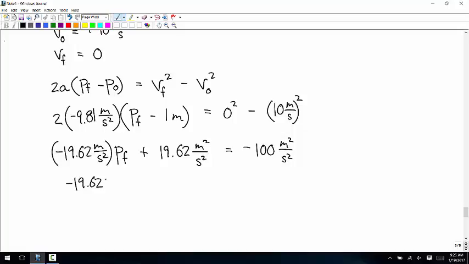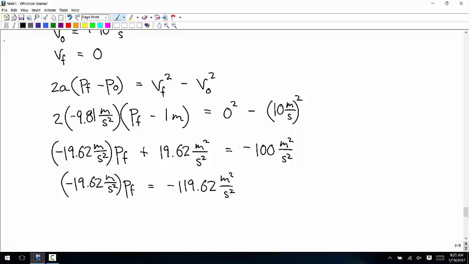So negative 19.62 meters per second squared times Pf is equal to negative 119.62 meters squared per second squared. Does anyone have a calculator in front of you?